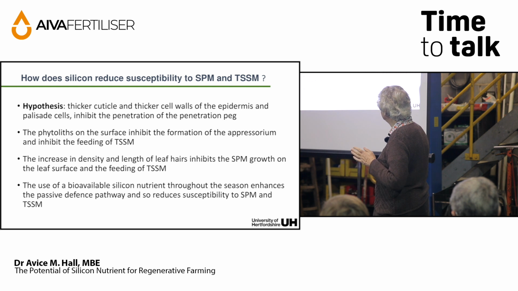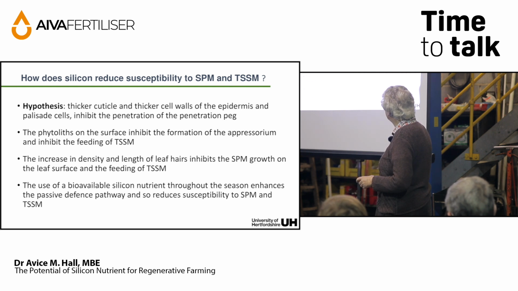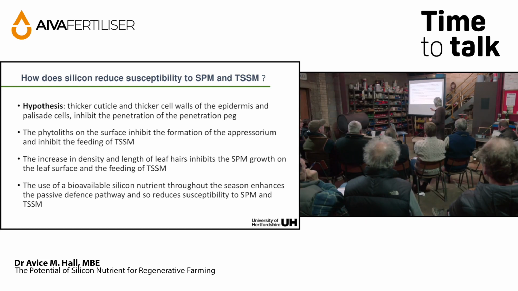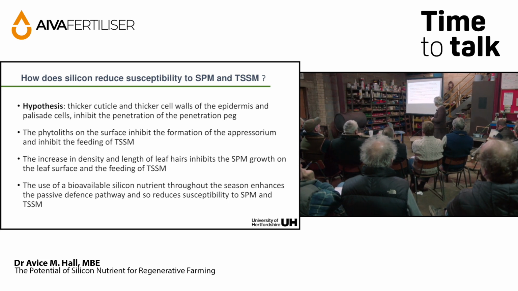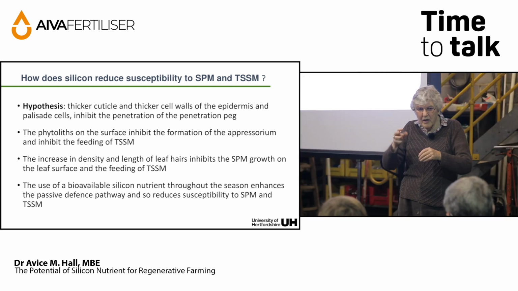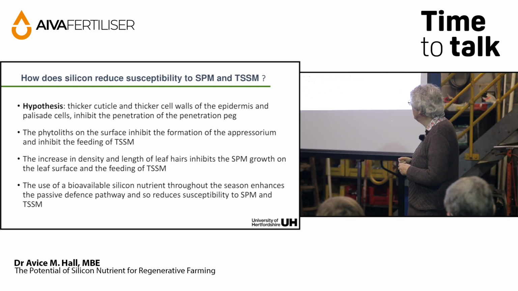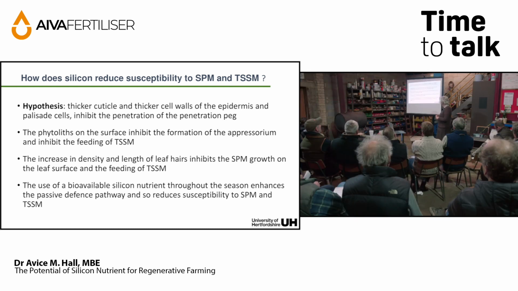The hypothesis is that the cuticle and the thicker cell walls of the epidermis and in the palisade cells inhibit the penetration pegs of things like strawberry powdery mildew, or any other powdery mildew on any other plant, and that those phytoliths on the surface inhibit the two-spotted spider mite, and the increase in density of the leaf hairs is inhibiting possibly the strawberry powdery mildew, but definitely the feeding of the two-spotted spider mite.